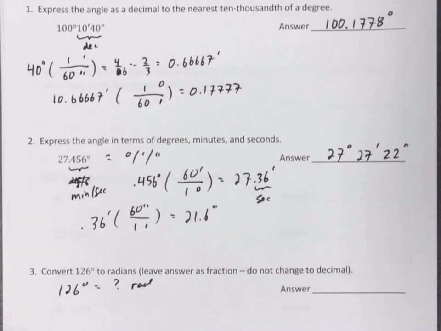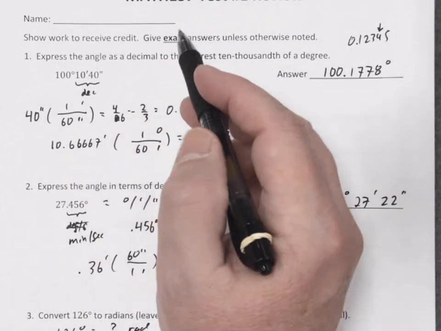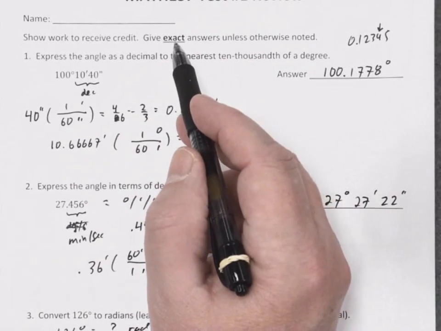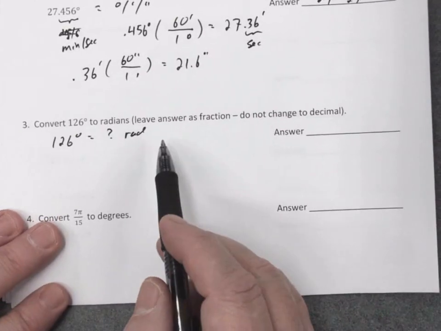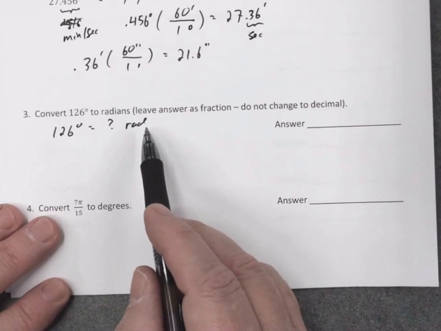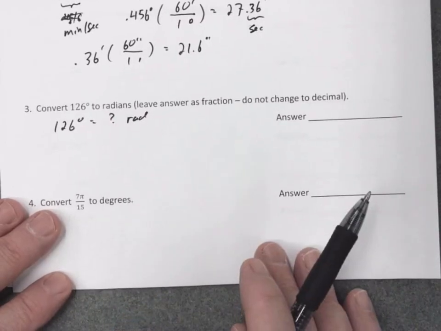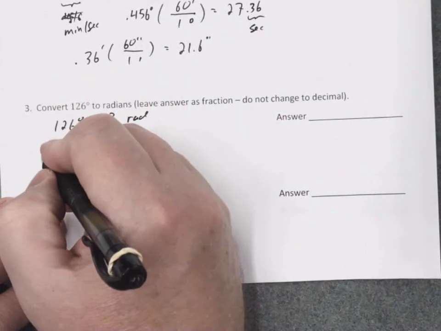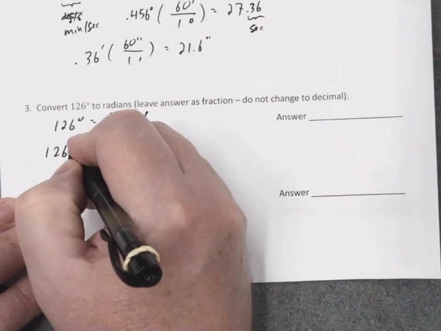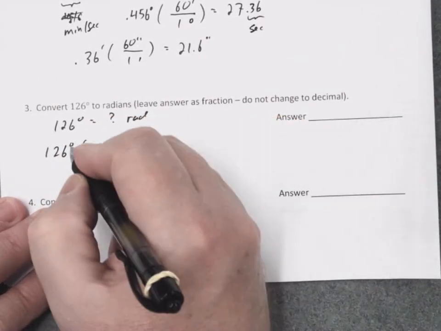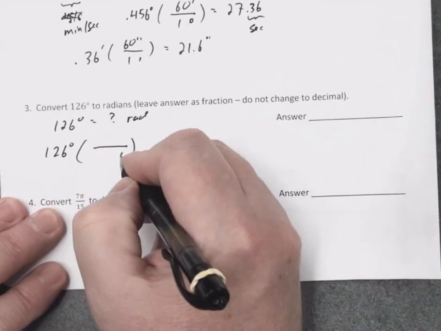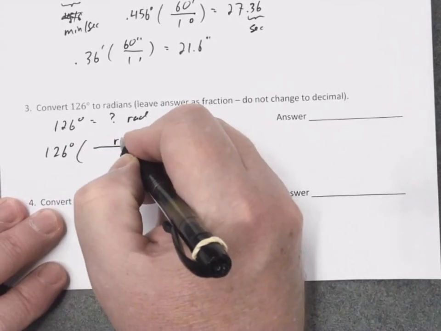Once again, I didn't say it, but at the very top of these instructions, everything's an exact answer unless otherwise noted. So these are going to be exact answers. So it's pretty straightforward. Start with 126 degrees. I'm going to use my unit fraction to convert. Start with degrees in the bottom. I'm trying to get to radians.